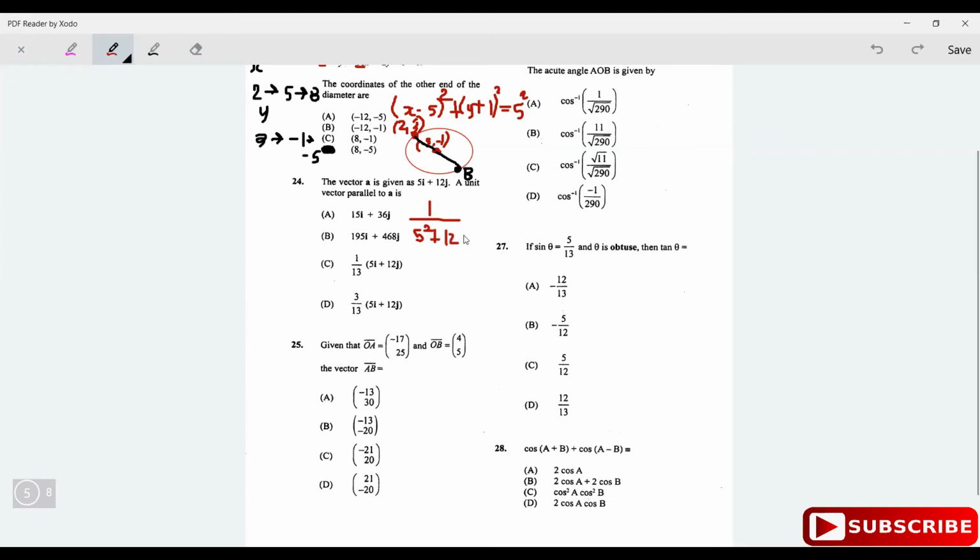And the square root of 5 squared plus 12 squared is 13. It's going to work out to be 1 over 13. Well, no, that's not it. That's 3 over 13. We need 1 over 13 for the magnitude, which is this. This is a unit vector.